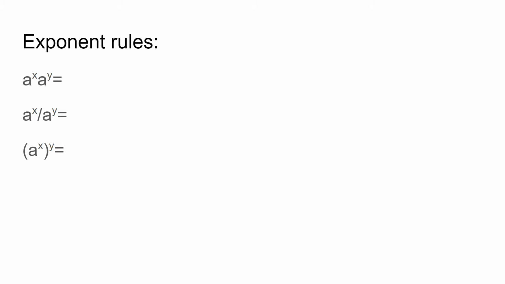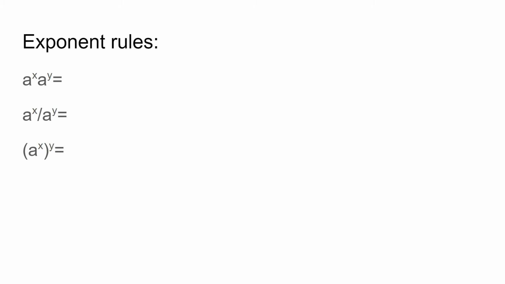Now that we know what exponents are and have seen some examples, let's try thinking of some exponent rules. First, let's see what a to the x power times a to the y power is equal to.